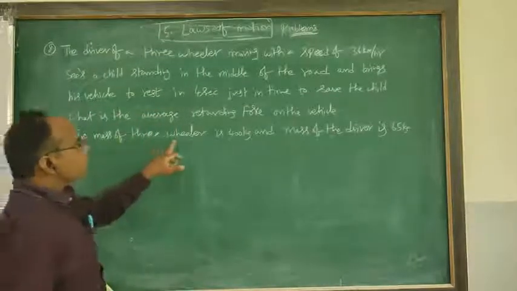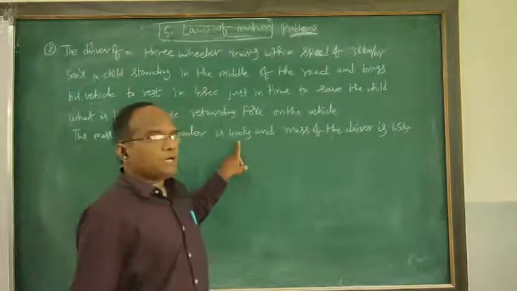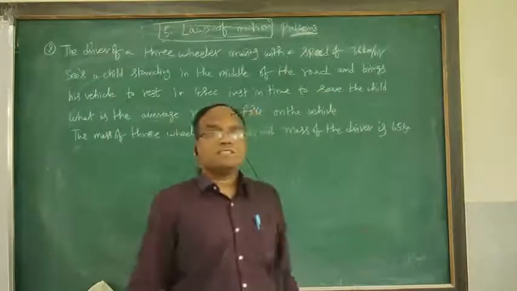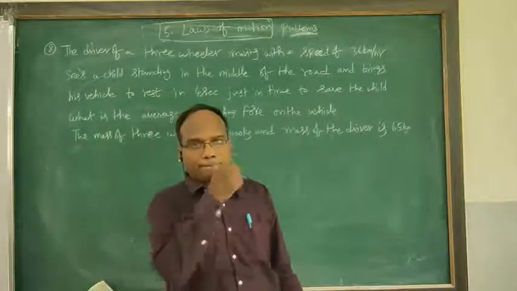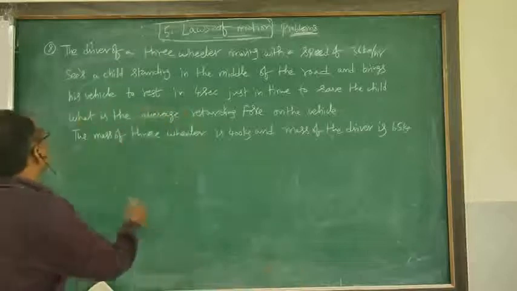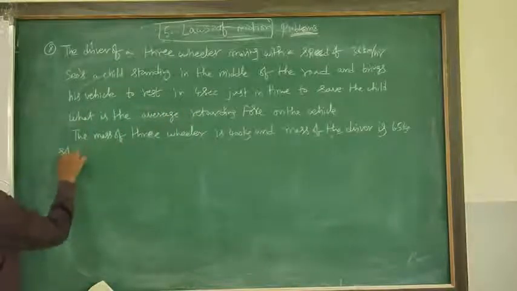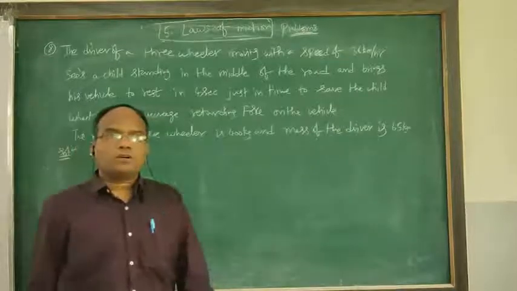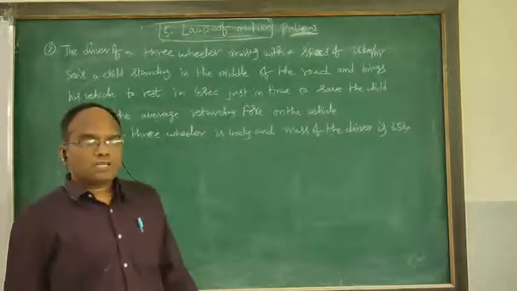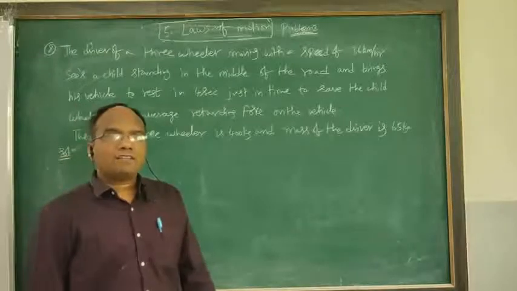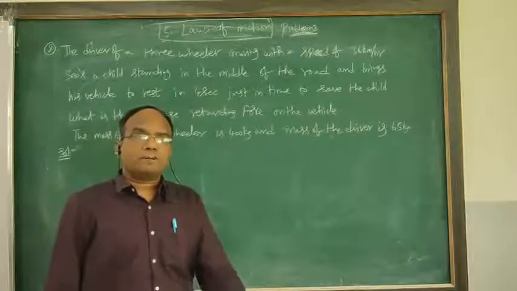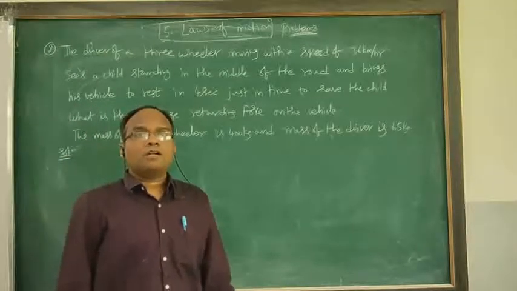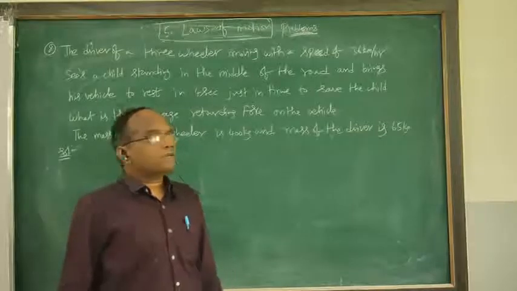The mass of the three-wheeler is 400 kg and the mass of the driver is 65 kg. Okay. Now, the driver of a three-wheeler means what? The scooter may be having three wheels, why? Because if the person is handicapped, or a tractor, three-wheeler, right?